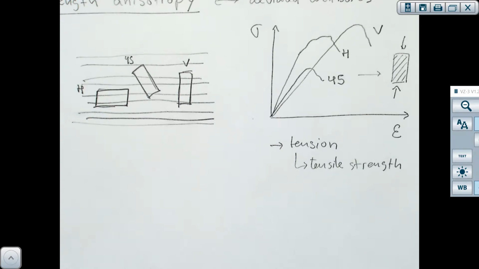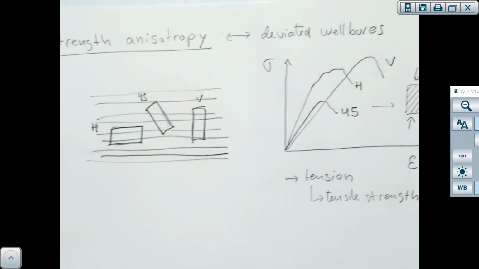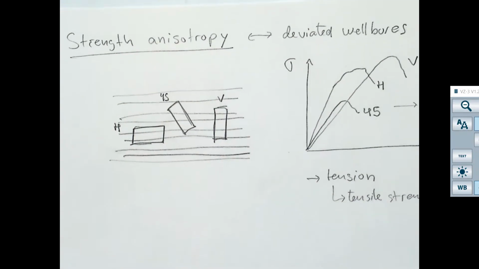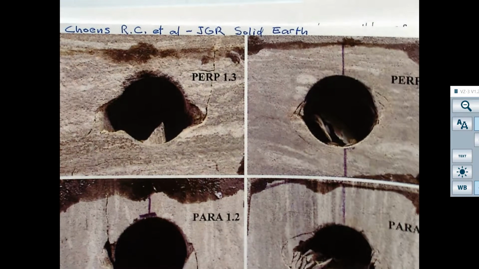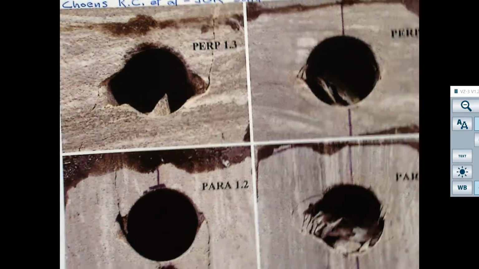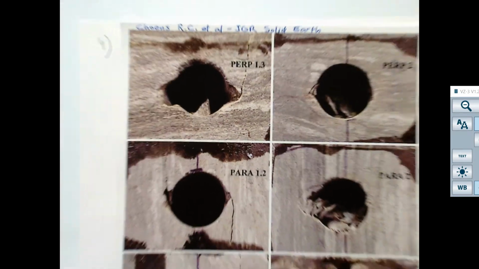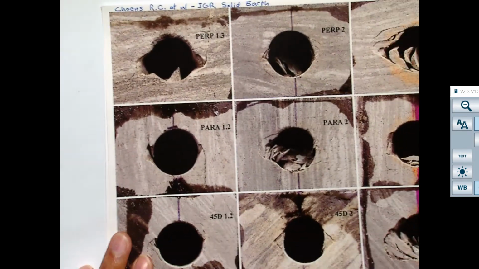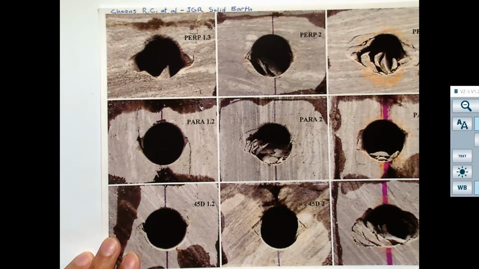into drilling a wellbore through a laminated rock? Well, you get breakouts that are probably going to be different to what you would expect with an isotropic rock.